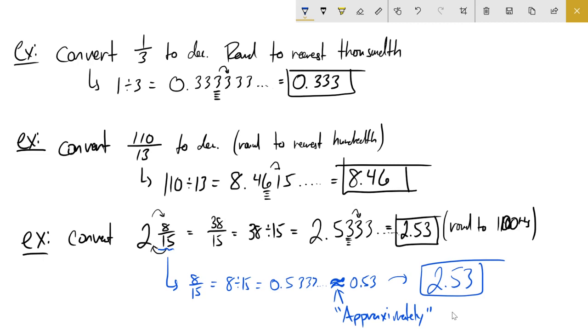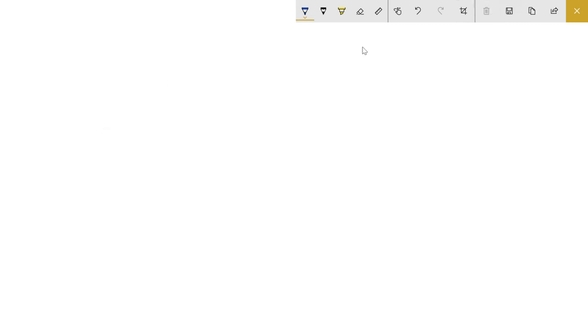Let's try this. One thing that's nice with decimals is if you're trying to compare numbers. So let's say we have two values.